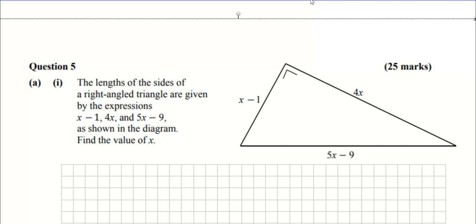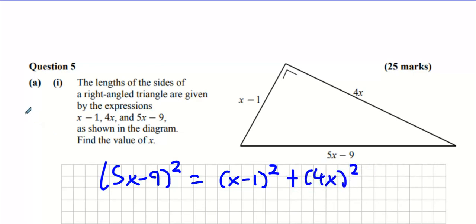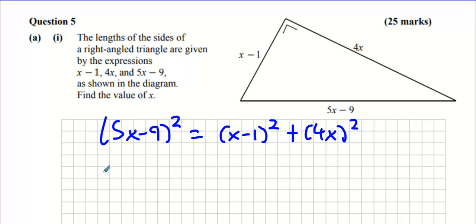Right angle triangle. Agreed? All right angle triangles obey what? So let's do Pythagoras' theorem really quickly. What's it?